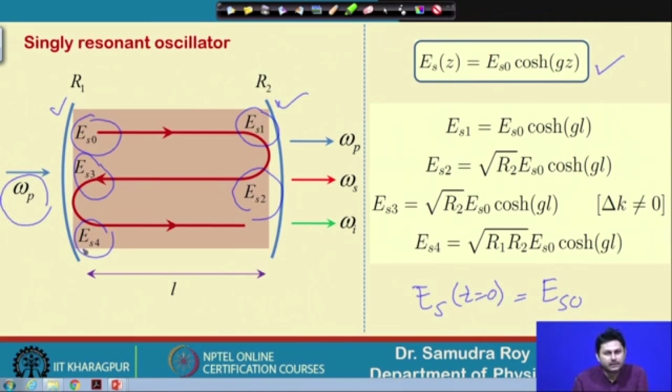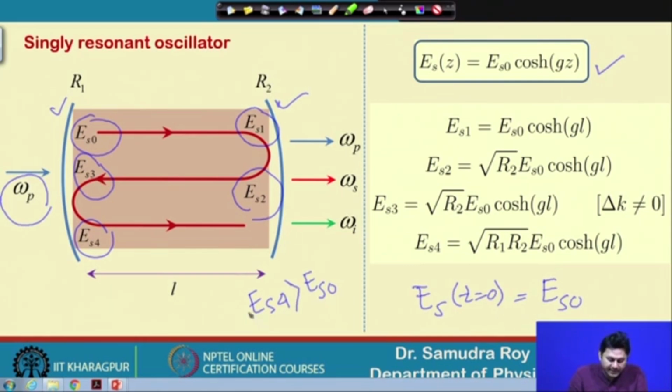Now the condition is, if we need some kind of gain, then Es4 has to be greater than Es0. The amplitude part has to be greater than Es0, because only if Es4 is greater than Es0 can we say that this resonator is amplifying the signal.